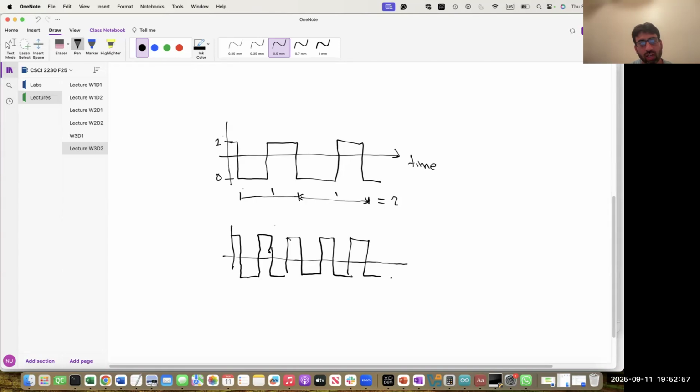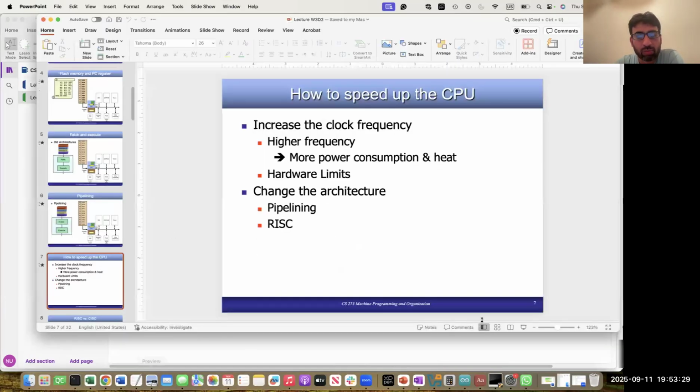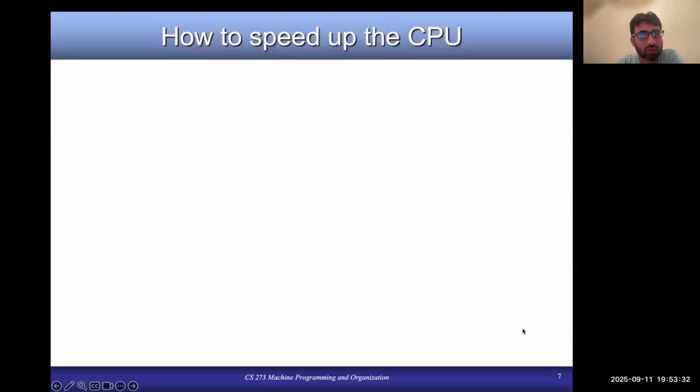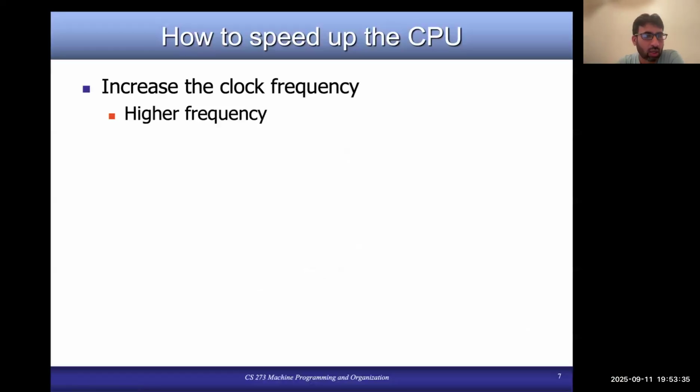Again, if my one instruction takes only one clock cycle, I can execute one instruction here, the second one here, the third one here, and the fourth one here, right? So now I can execute four instructions in the same amount of time. The time spent is the same, but the clock frequency is increased, so now four clocks happen in the same amount of time as in the first situation, which means I can complete four instructions. So I am doubling my performance, and I can complete my program execution in half of the time I needed earlier.